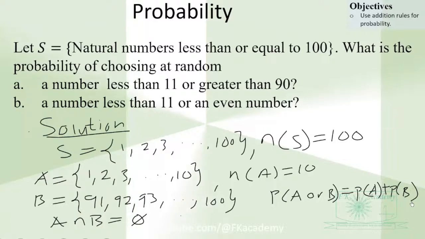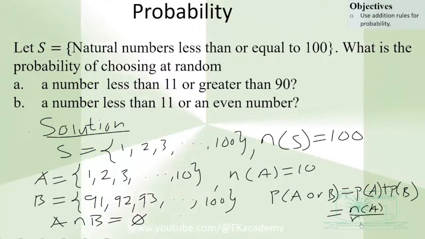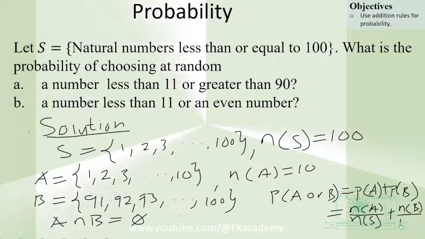So probability of A will give us the number of elements in A over number of sample space. The probability of B will be number of elements in B over the number of sample space.